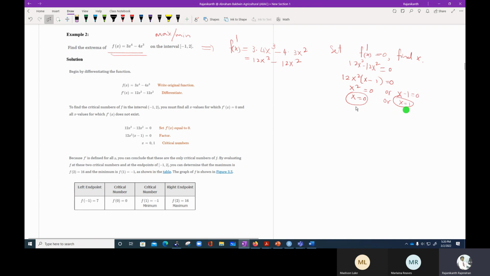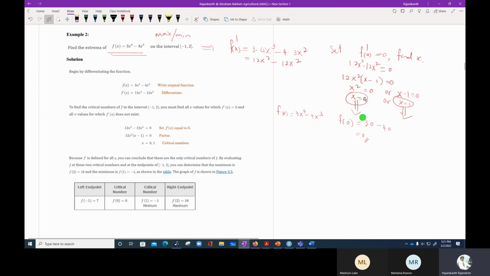So now, after finding the critical values, find the function values at those points. The first critical value is 0, so I'm finding the function value at 0. Remember the original function: the given function was 3x to the power 4 minus 4x cubed, right? Plugging 0 into the function, f of 0 is nothing but 3 times 0 minus 4 times 0, which is 0.